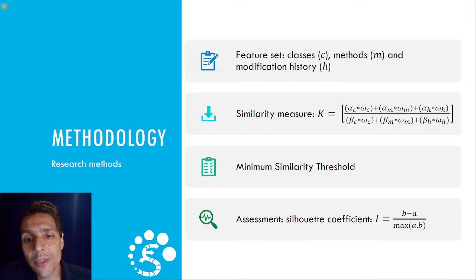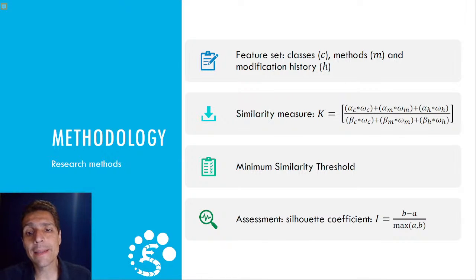If it's above the similarity threshold, we join the microservices, otherwise we keep them separate. So this is the approach for the clustering, based on the similarity threshold and the similarity measure.